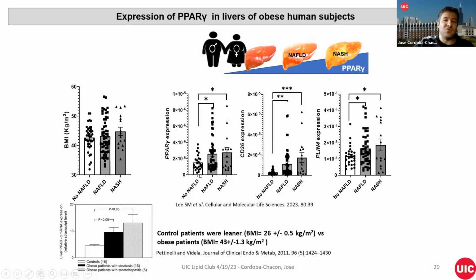We are comparing to obese control humans, and I called these guys mice. No, they are humans. So our data showed that PPAR gamma is also expressed in patients with NAFLD, and maybe they are susceptible to response to TZD treatment.